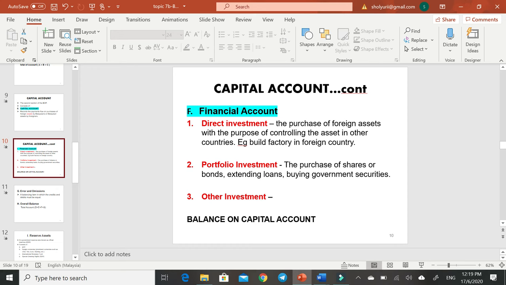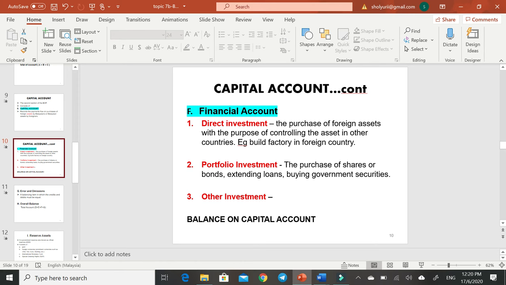Kalau Malaysian people going to the other country, build up factory there, okay, itu kita akan recordkan dia sebagai negatif. Kita tak tengok investment income, ni direct investment. Kenapa negatif? Because when we bring out our money from our country to another country, buat kilang kat sana, dia akan buka peluang pekerjaan kepada rakyat sana, dia akan generate income for that country, negara yang kita tuju tu, bukan for our origin country.